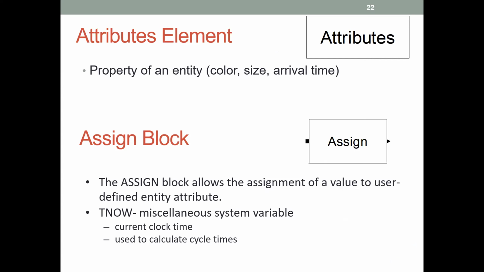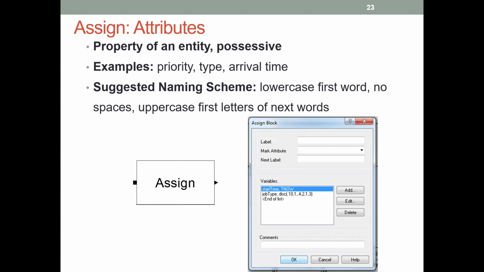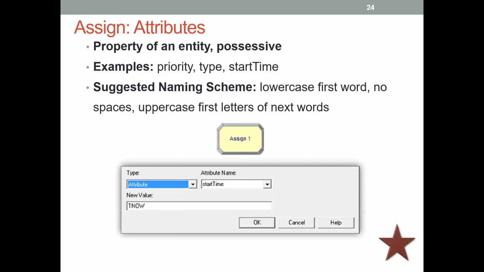In terms of assigning attributes, we have the assign and the attributes element. Remember, we use the assign to basically assign those attributes to each one of the entities that cross this block. Now we are going to use the same type of logic.